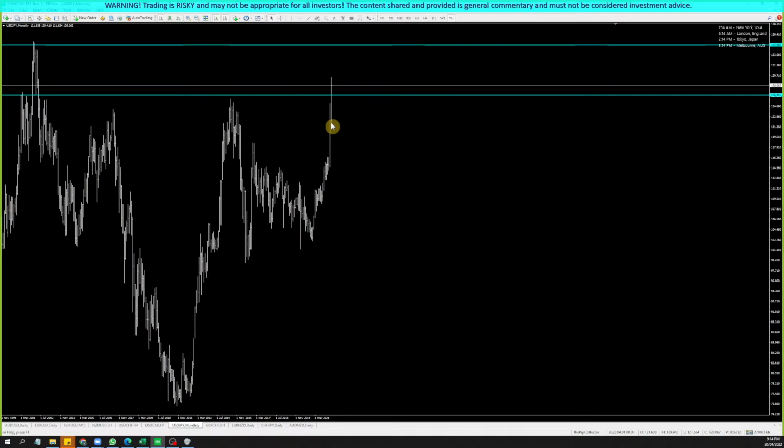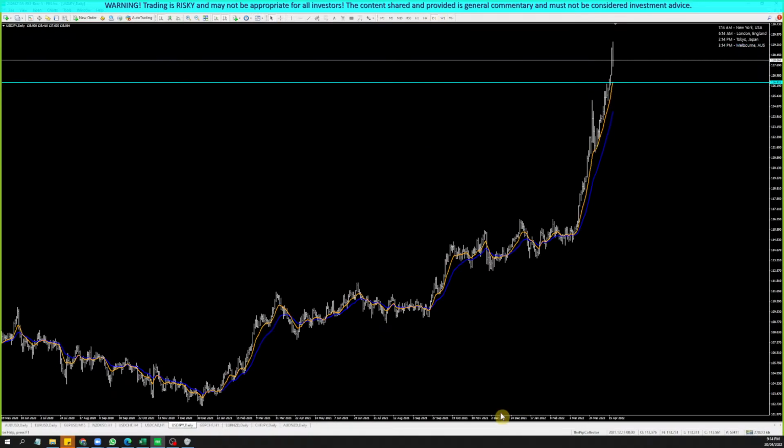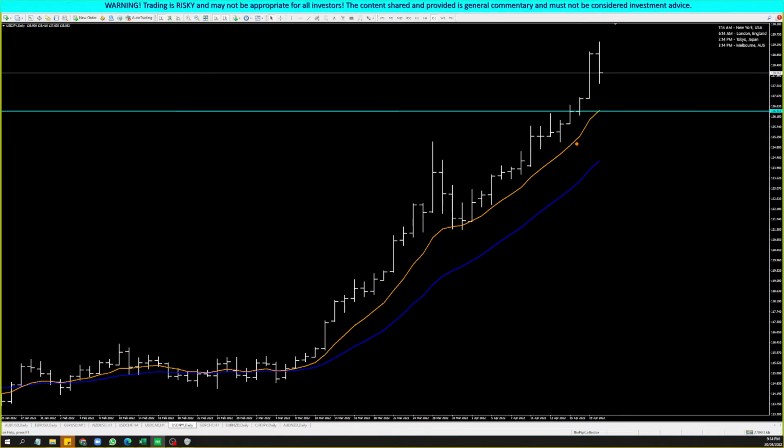So now we are above that 126 level. If you go to D1, you guys can remember we had this sell Monday, but it did not really proceed. It went up. So let's see if there's something that we can learn from this to reassess our position.